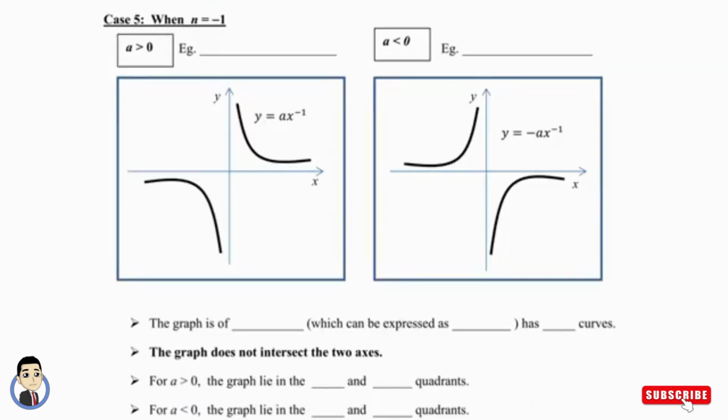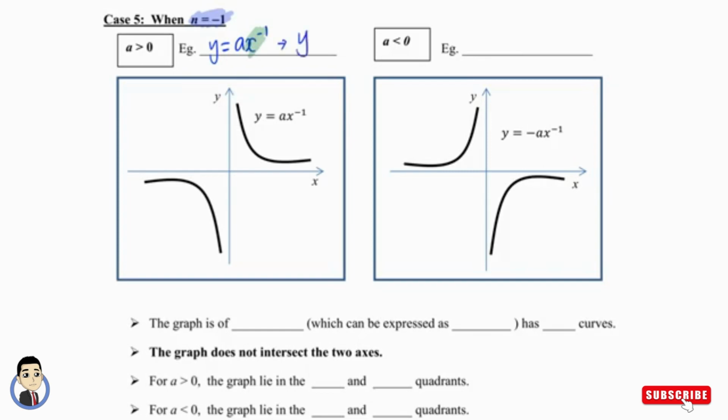Hello everyone, welcome to this part of the video where we are going to explore the case where n equals -1. This means that we are going to see y equals a x to the power of -1. There's another way of writing this.